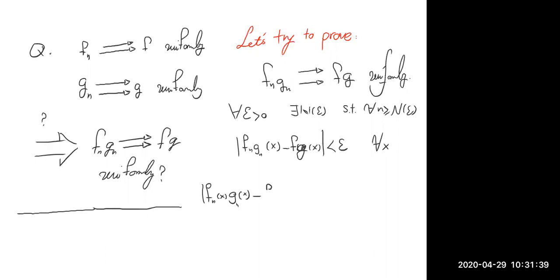This is the quantity which we should show is less than epsilon. How can I show this number is small?